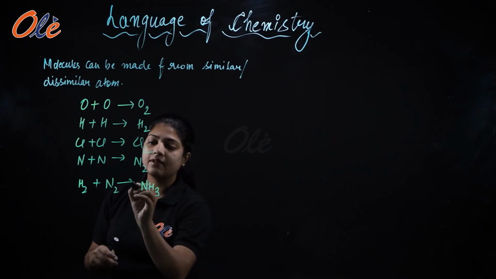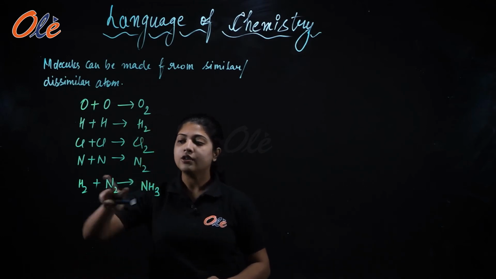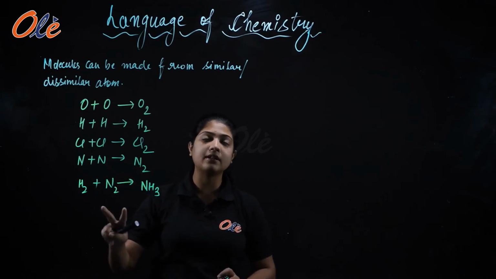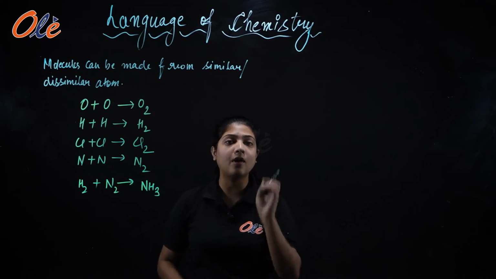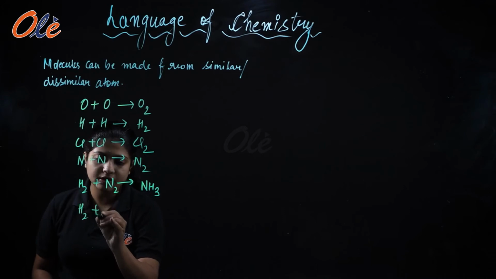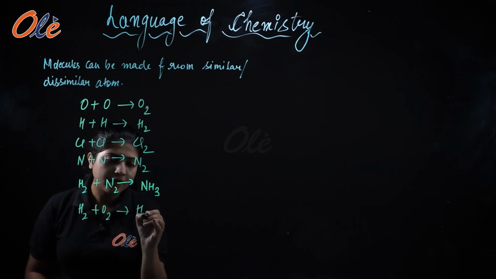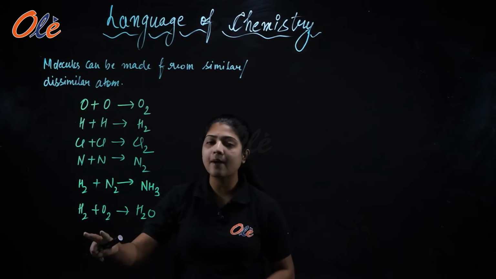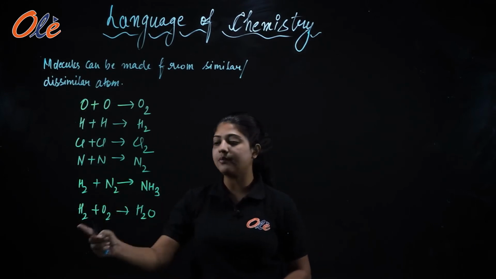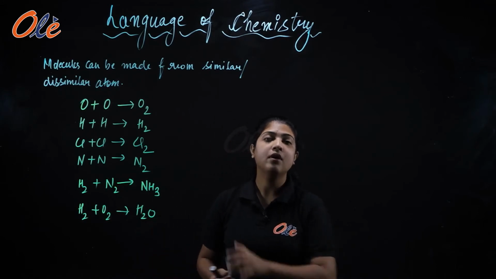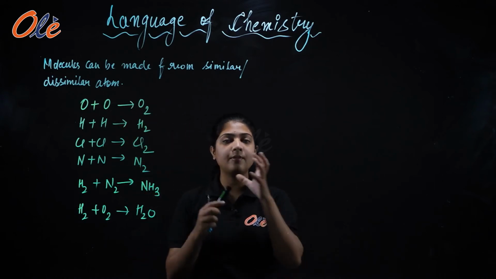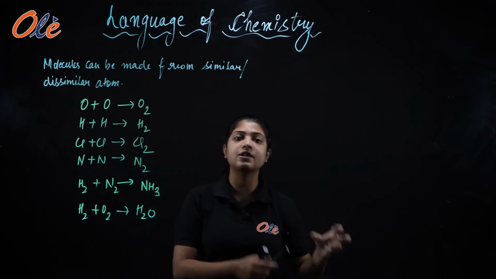So what is happening? Two different atoms of the elements are combining together to form one molecule, right? Similarly, in case of water, hydrogen combines with oxygen to form water. Hydrogen is one atom, whereas oxygen is a different atom, but they form one molecule of water, right? So molecules can be formed from similar types of atoms as well as from different types of atoms.